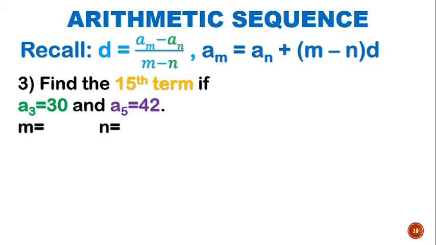So, M should be 5. What about N? 3. Now, substitute these values to this formula.